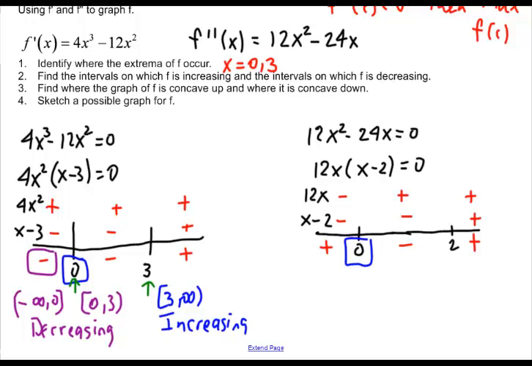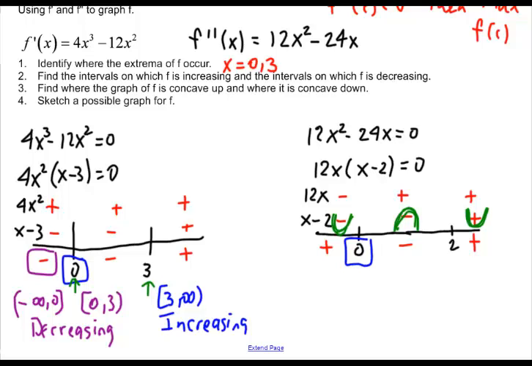All right. Find where the graph of f is concave up and where it's concave down. Well, now we go look at the second derivative. And we're really interested in what goes on around 0 and 2. So, I'm plus, which tells me I'm going to be concave this way. Then I'm minus, which is concave this way. And then I'm plus again, which is concave this way. So the question is, where are we concave up?